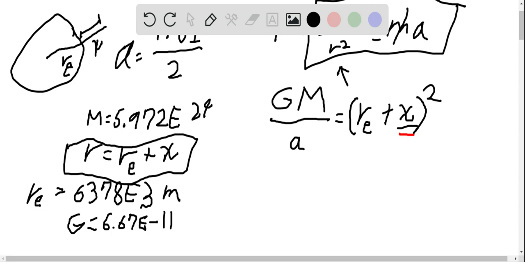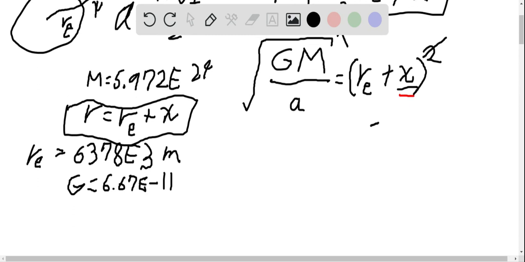So to get rid of the squared, we would have to take the square root of both sides. That will cancel out the 2. Now we want to isolate the x. So we subtract the radius of the Earth from both sides.